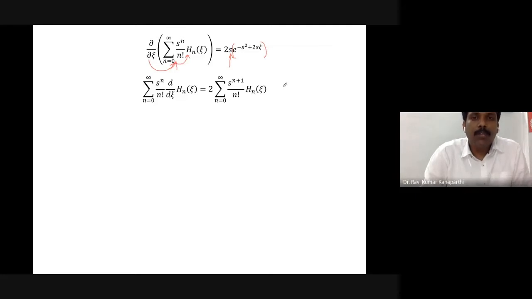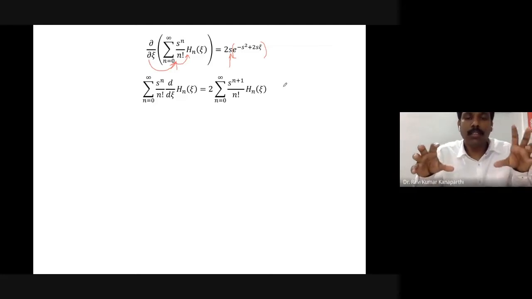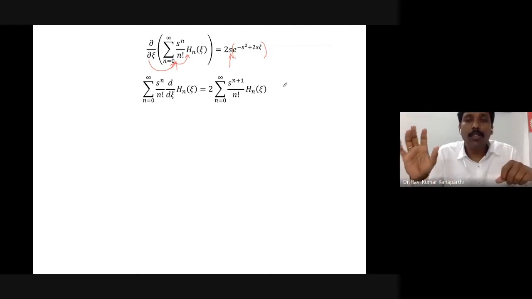You can just look at these two expressions that we have on the right hand side and on the left hand side. On the left hand side, you have an infinite power series. Similarly, on the right hand side, again you have an infinite power series.